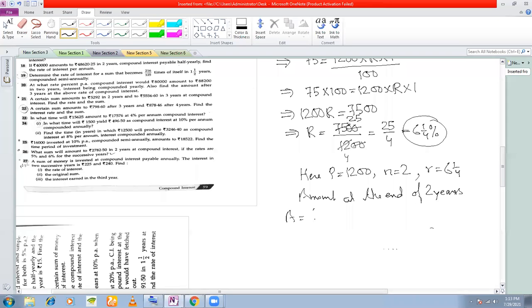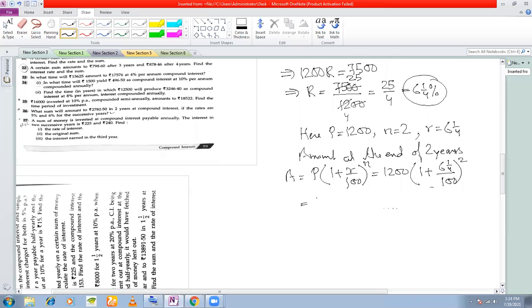A is equal to P into 1 plus R by 100 to the power of N. P here is 1200 into 1 plus 6.25 by 100 square, which is equal to 1200 into 1 plus 25 by 4 divided by 100 square, which is equal to 1200 into 1 plus 25 by 400 square, which is equal to, cancel this, 1 and 16.